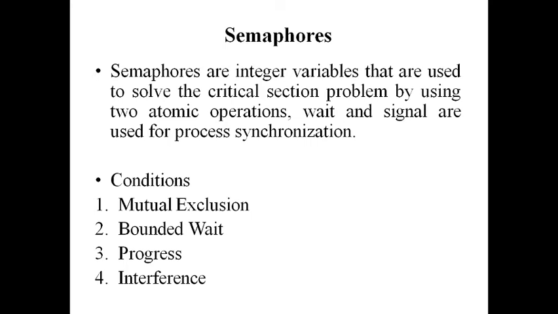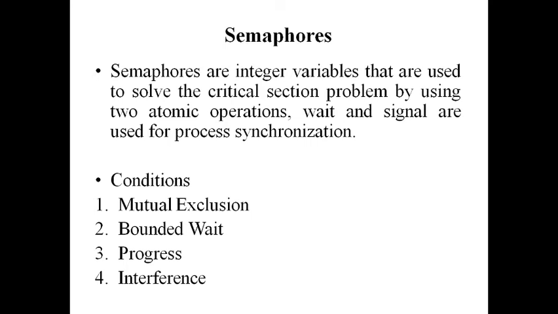At that time, process P3, P4 or any other process should not stop any process from entering the critical section. If P1 wants to enter the critical region, then P2, P3, P4 should not stop P1 from entering the critical section.